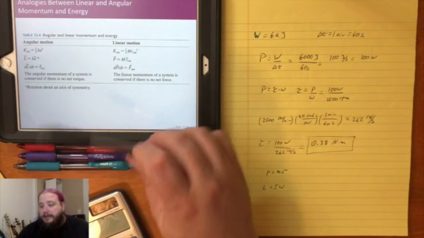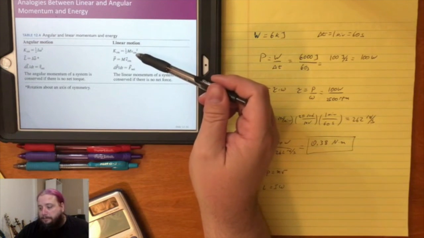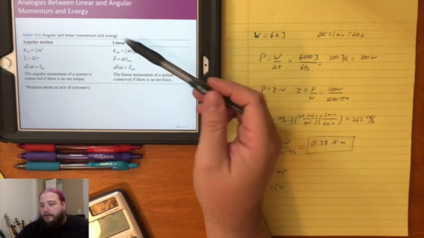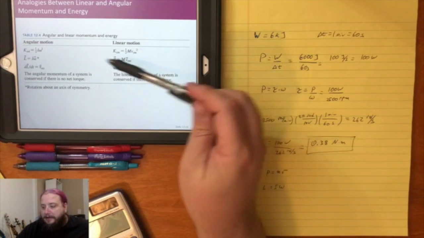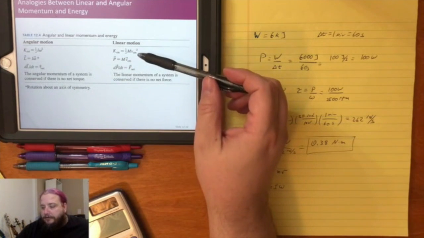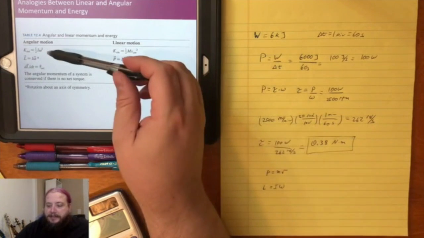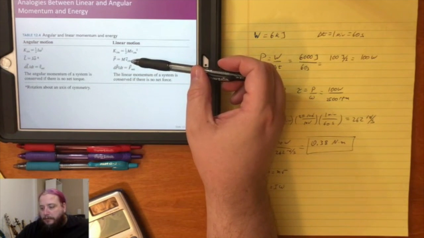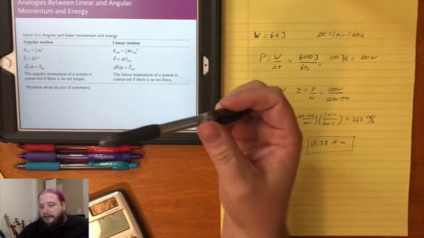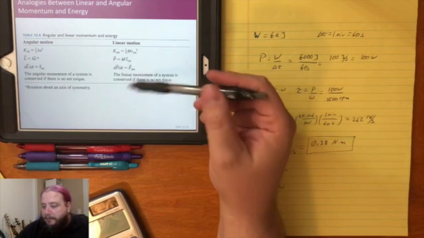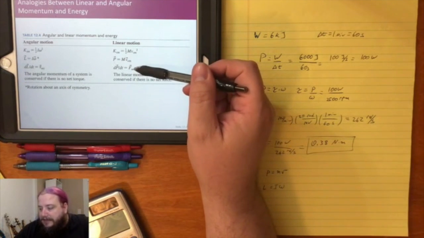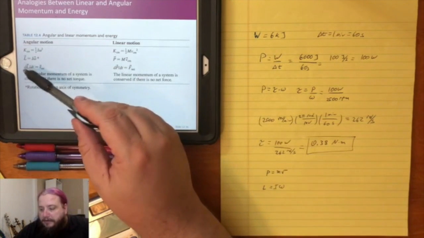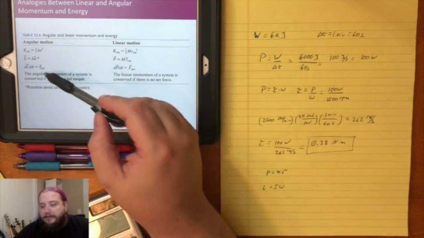So again, with energies and momenta, there is this pattern that we can find a rotational analog to each of the usual things. There's a rotational analog to kinetic energy. It's over here. There's a rotational analog to momentum, and it looks the same with just angular quantities put into it. There's a relationship between momentum and force, which is mirrored by the relationship between angular momentum and torque.